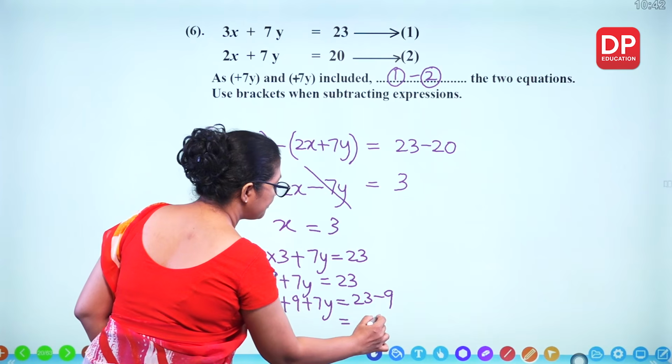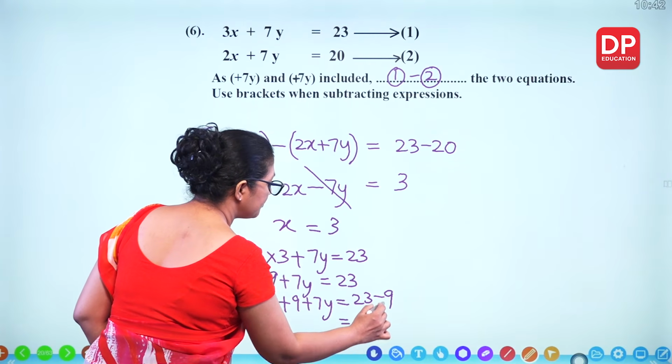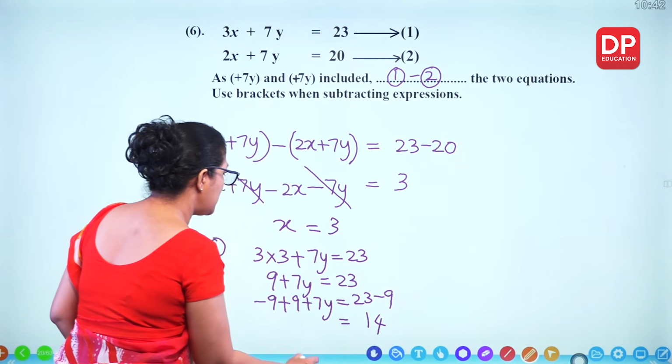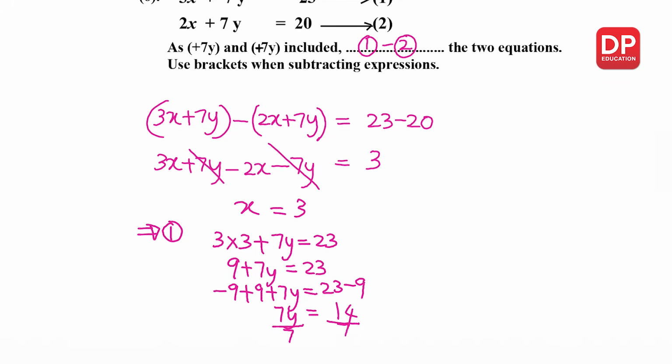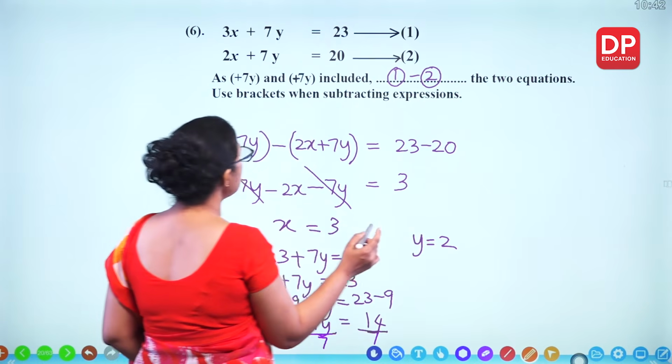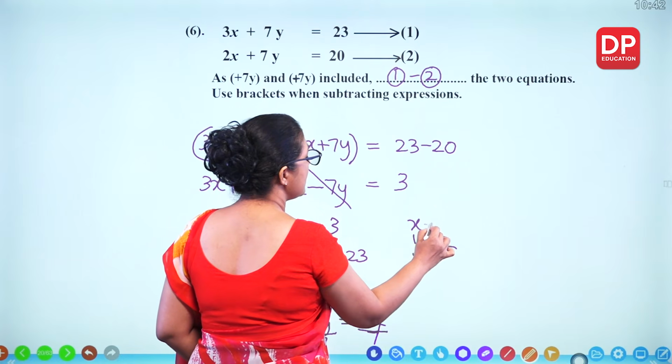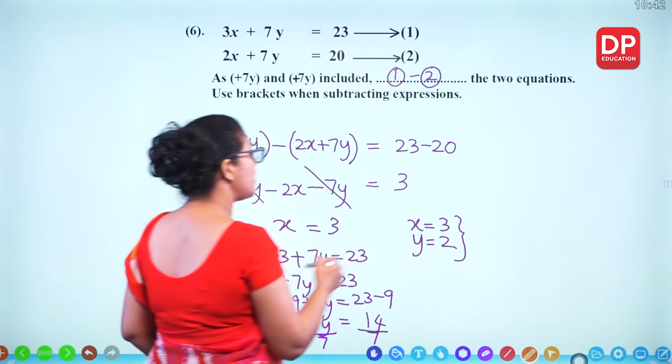What's the value? 14 is equal to 7y. Divide this by 7 to get the y value. So y becomes 2. So what are the solutions? x equals 3 and y equals 2.